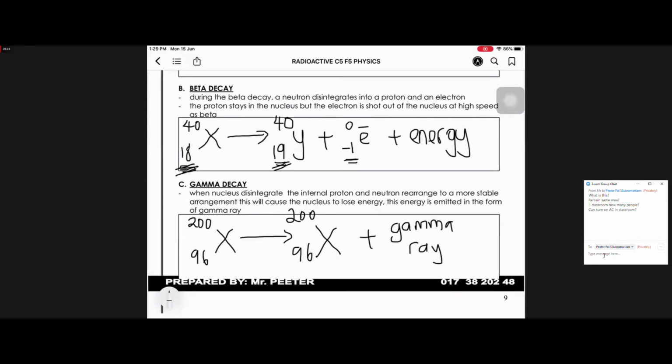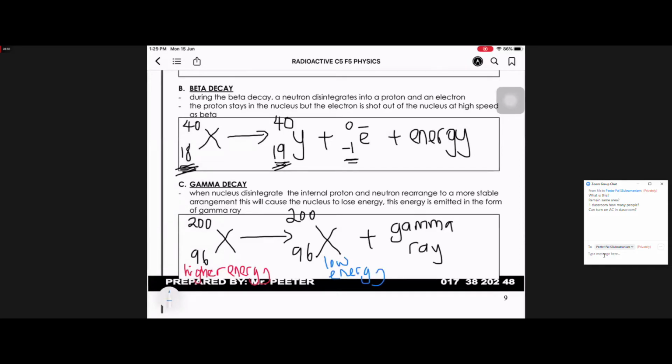What is the difference between these two elements? Before the decay process, it has a higher energy, and after the decay, it will have a lower energy. That's all. This is how the decay will occur.